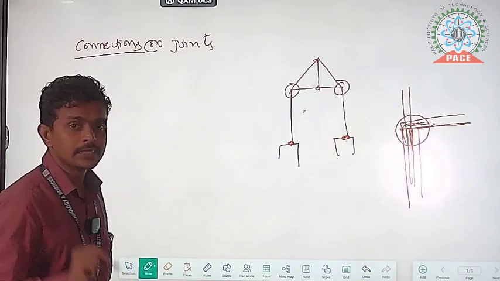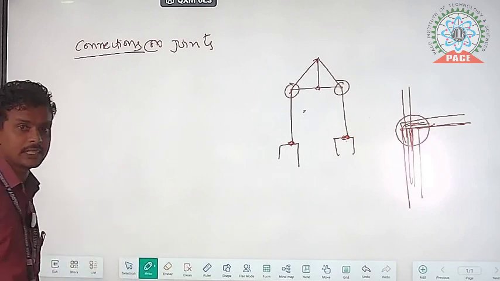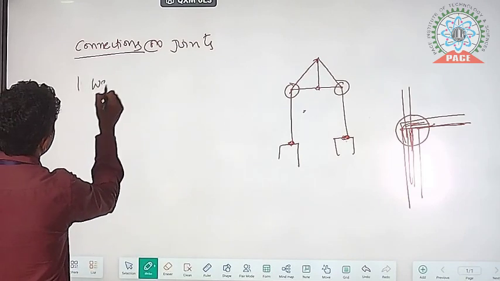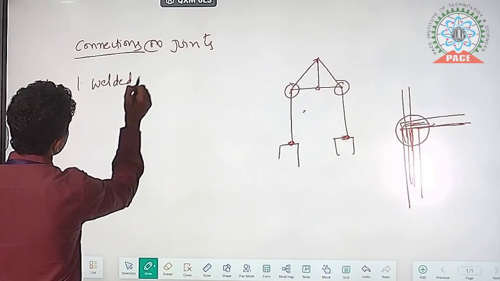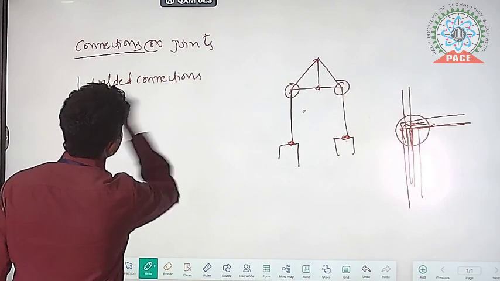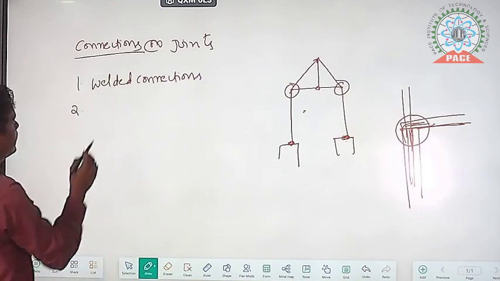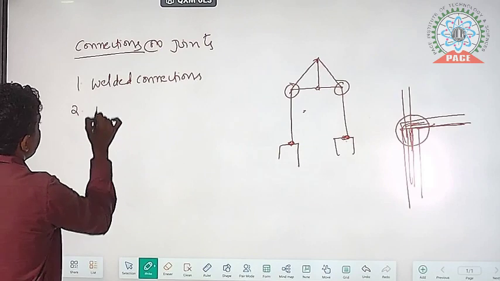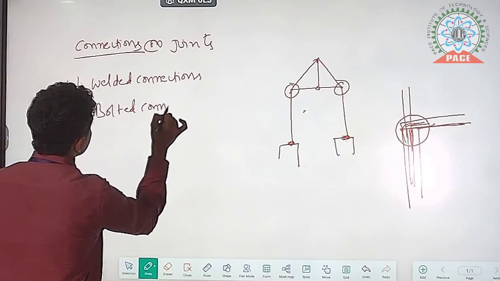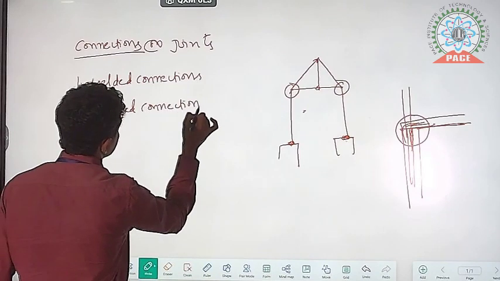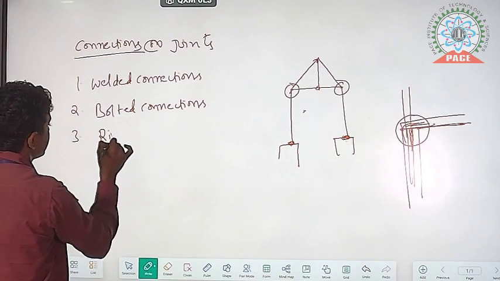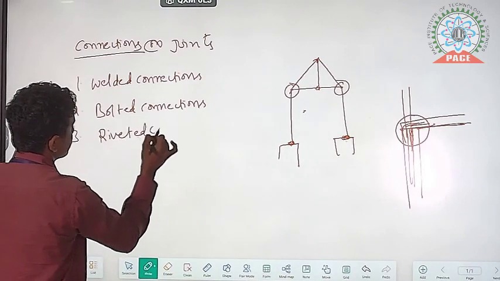welded connection, the second one is the bolted connection, and the third one is the riveted connection.